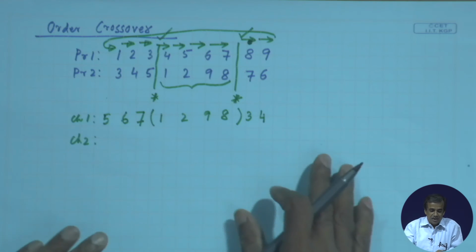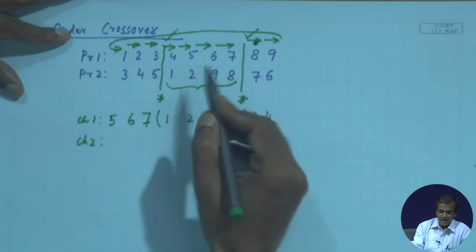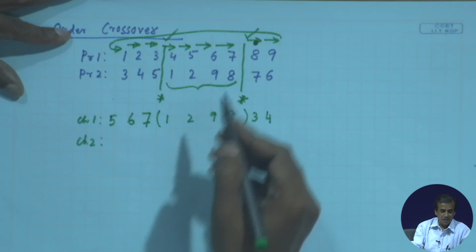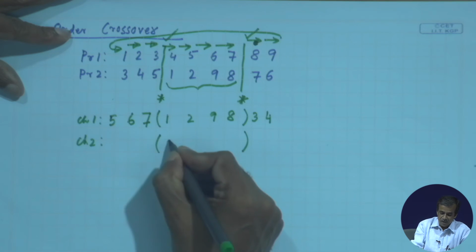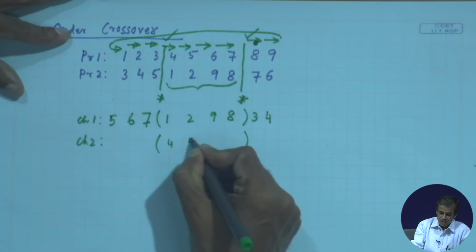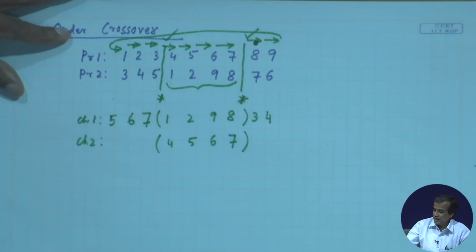Okay. Now, similarly to get the child 2, what we do is we first copy from parent 1. So, we copy from parent 1, that is your 4, 5, 6, 7 we copy from parent 1 and now I will have to copy from parent 2. Okay.